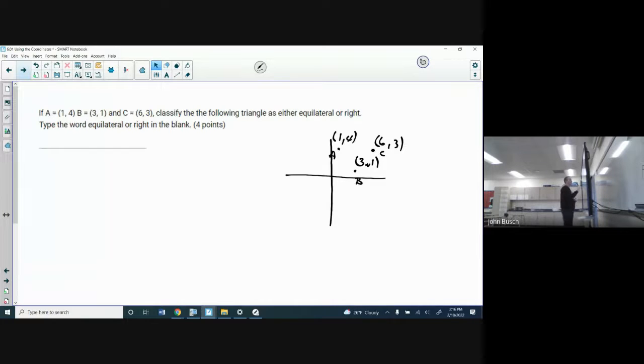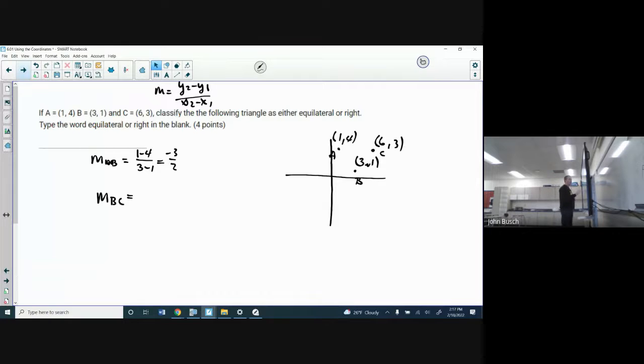The slope of AB is, remember the slope formula is y2 minus y1 over x2 minus x1. So it's 1 minus 4 over 3 minus 1, which is -3/2. And then the slope of BC, AB and BC, yeah.